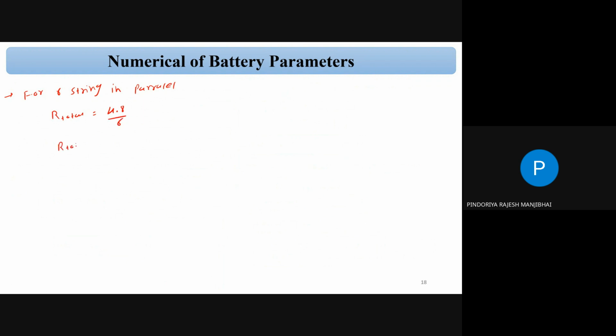So R total equals 4.8 by 6, which is like 0.8 ohm.